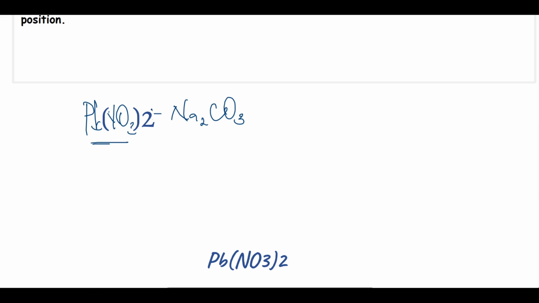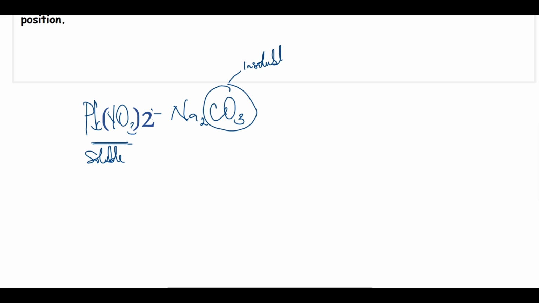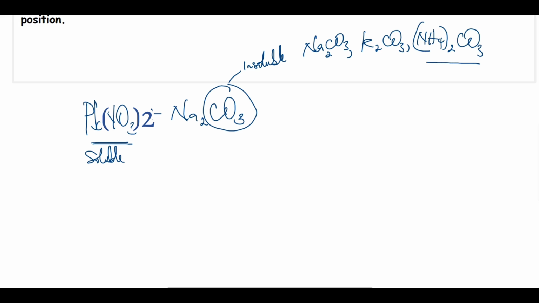All nitrate salts are soluble in water, and all carbonate salts are insoluble except sodium carbonate, potassium carbonate, and ammonium carbonate. These three carbonates are soluble in water. Aside from these, all other carbonate salts are insoluble in water.